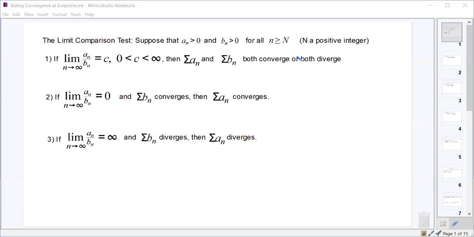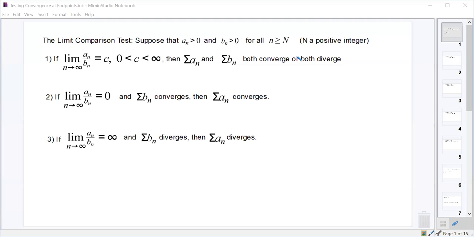What we do still have to have is two series that are always positive, and we have to know whether the one we're comparing to, not the one we're investigating, converges or diverges. That should be pretty straightforward. We should normally be able to tell that fairly easily.